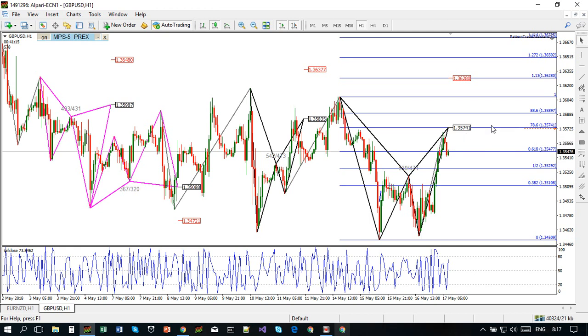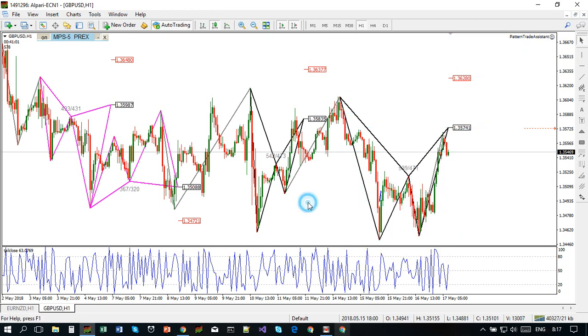So if price goes higher than this level, I will be notified that the pattern completed. I made it 2 pips before that in order to be notified slightly earlier. Okay, that's it about the identification.